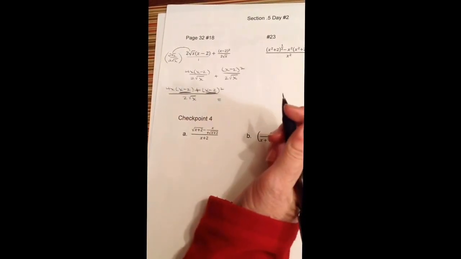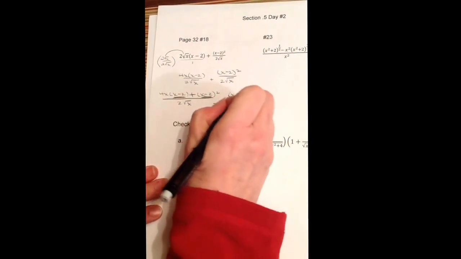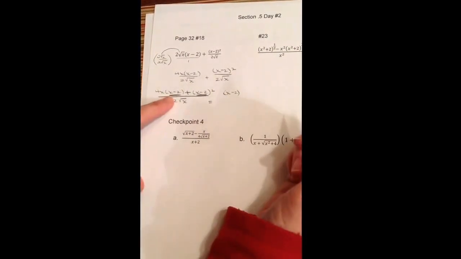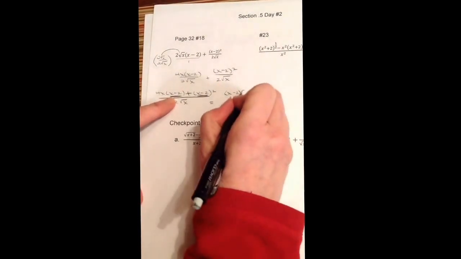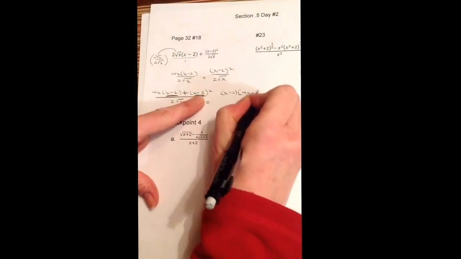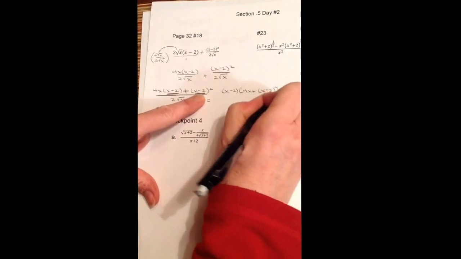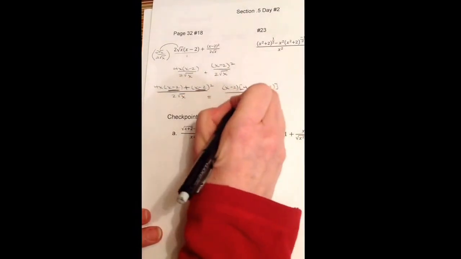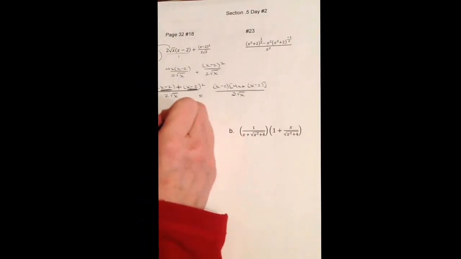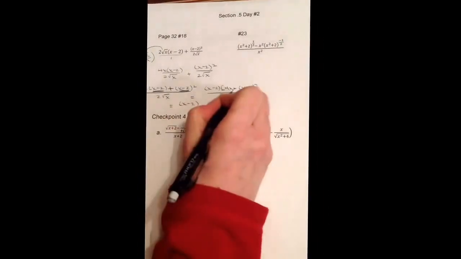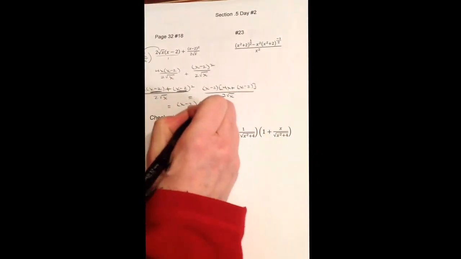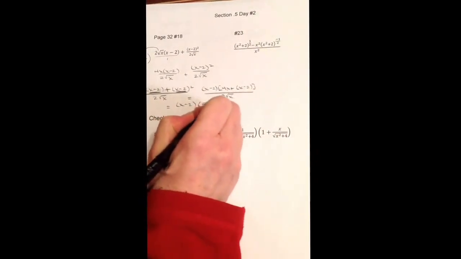And so we will pull out x minus 2, and from this first piece of the numerator we'll be left with 4x, and from the second piece we'll be left with the other factor of x minus 2. Our denominator again is 2 square root of x, and then finally we can combine the 4x with the x and have that become 5x minus 2. Denominator 2 square root of x.